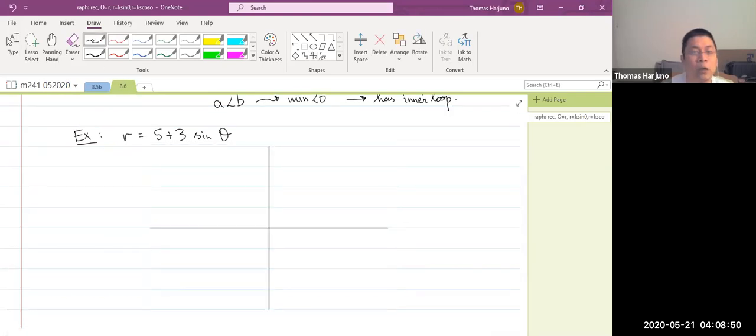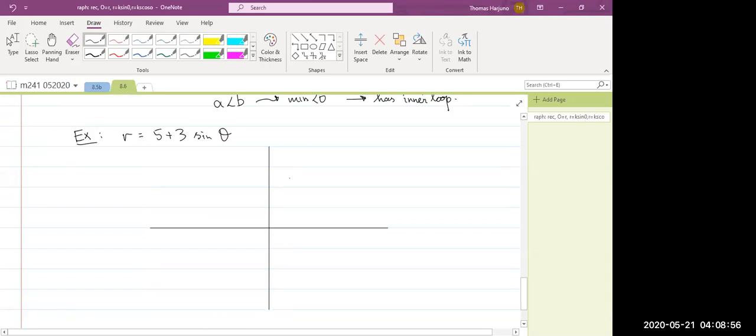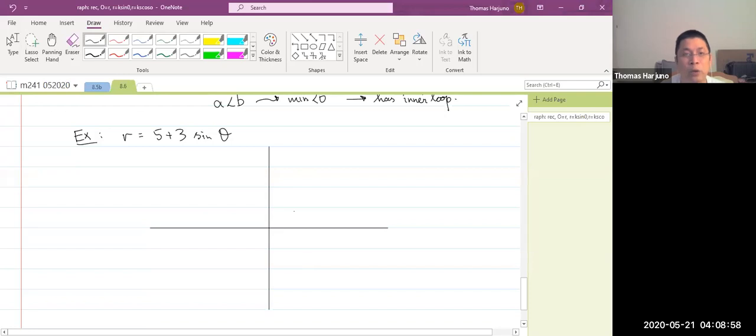Well, we know it will be symmetric with respect to the y-axis. So I just need to do one side, right? When theta equals 0, it's 5. When theta equals 90 degrees, that's 8. Let's say it's here.